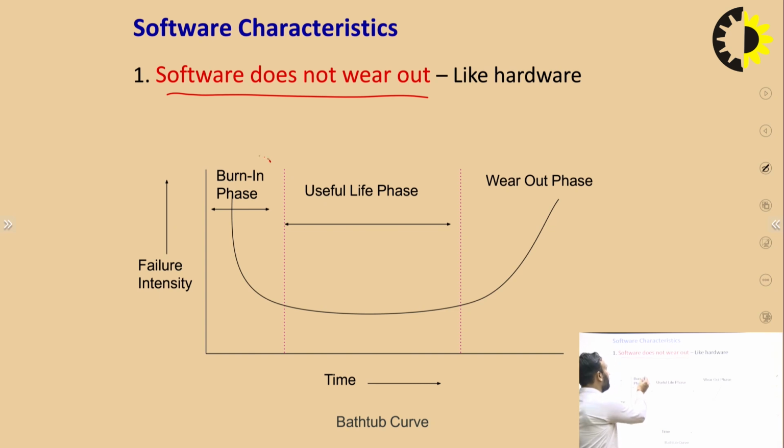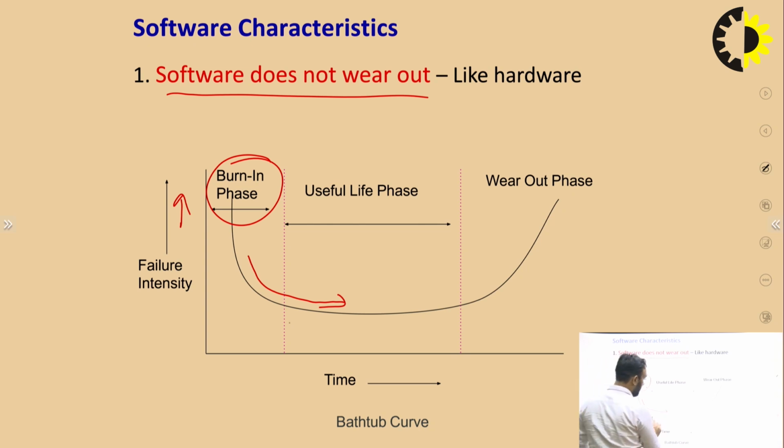In the bathtub curve, we can easily understand it. In the burn-in phase, the failure intensity of software is high, but as time goes and the software is adopted by the organization and implemented on a machine, the failure intensity will decrease. But after some time, the wear out phase will start, and that is applicable to hardware. But in the case of software, it is not possible.